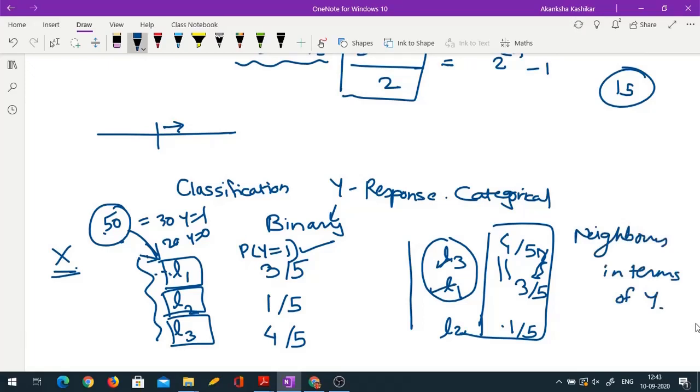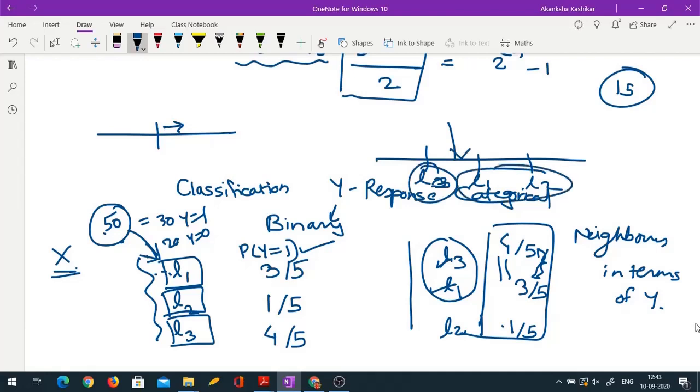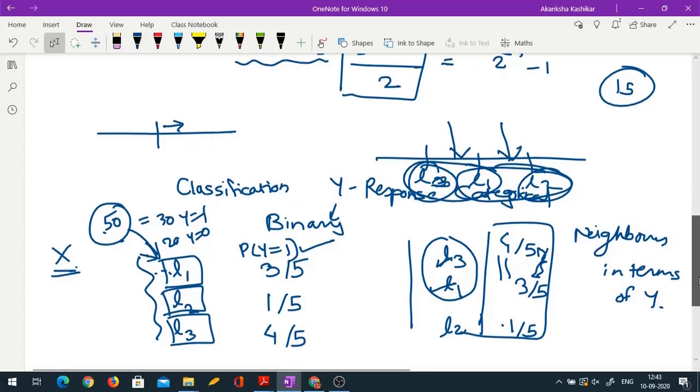And that neighboring relationship is going to help us, because if I arrange L3, L1, L2, now I will decide the threshold just by moving it. So one possibility, I would keep L3 in one class, and L1, L2 in another class. Another possibility is I move my threshold here, so L3, L1 here and L2 here. So I have to consider only two possibilities.